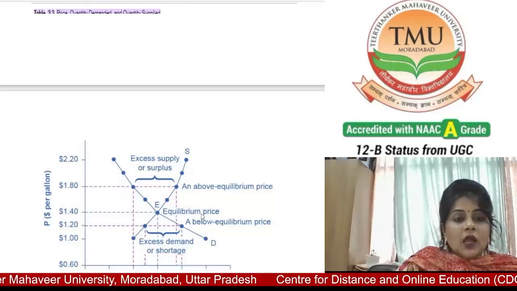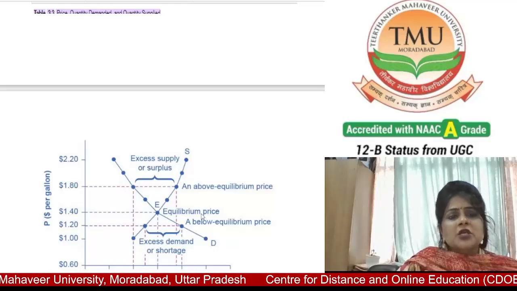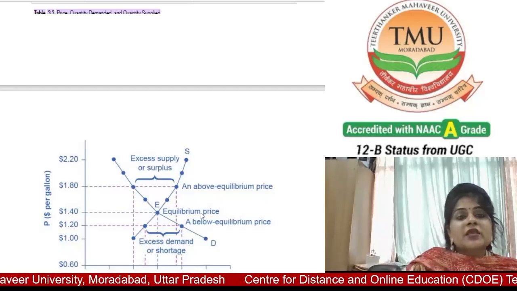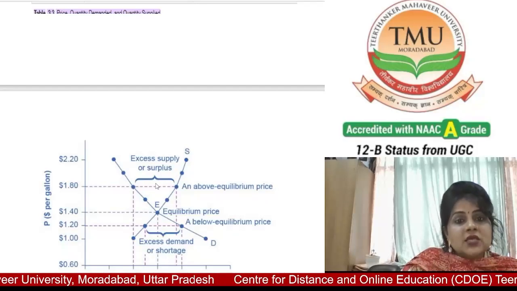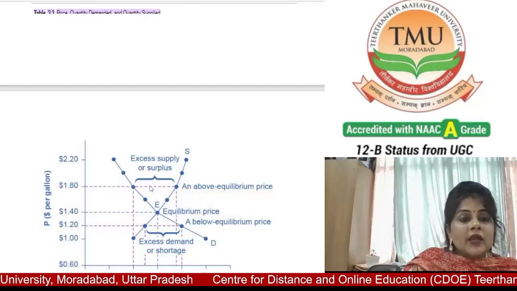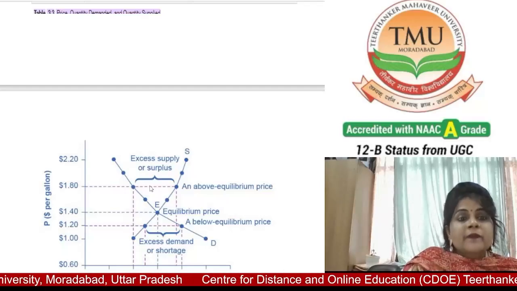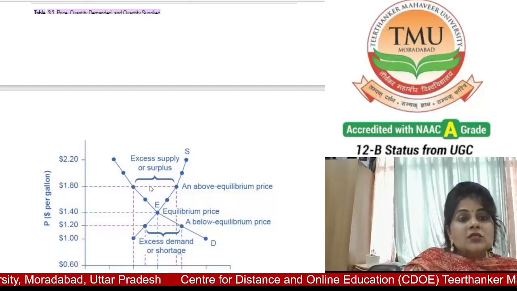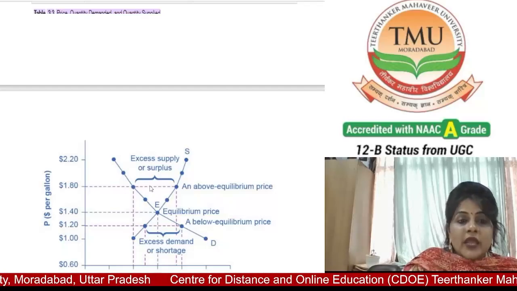This accumulation puts pressure on gasoline sellers. If the surplus remains unsold, those firms involved in making and selling gasoline are not receiving enough cash to pay their workers and to cover their expenses.